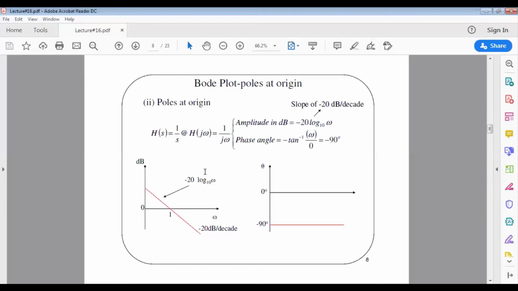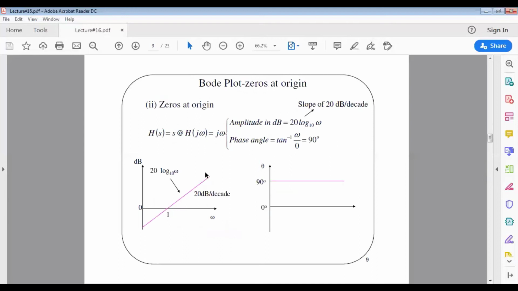For the pole at the origin, a slope of negative 20 dB per decade, passing through 1 at the frequency, and a constant phase of negative 90 degrees. For the zeros at origin, there should be a slope of positive 20 dB per decade, passing through 1 at the frequency, and a constant phase of 90 degrees.